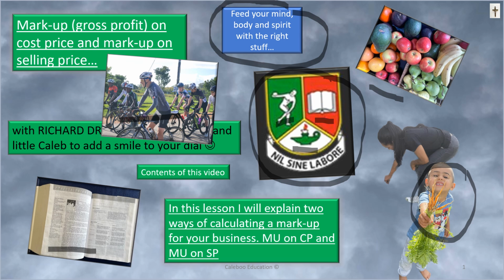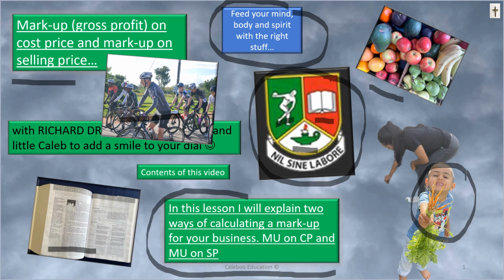Okay, in this lesson, I'm going to be looking at markup on cost price and markup on selling price, and how we're going to calculate them. We go into business to make a profit. So if we buy an item we're going to sell, you need to add a markup or a gross profit to the product that we are going to sell.